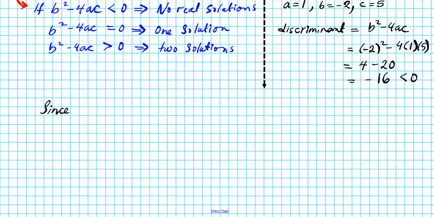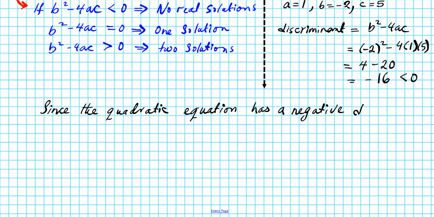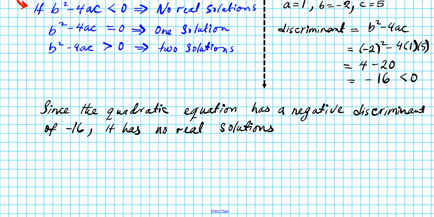Since the quadratic equation has a negative discriminant of negative 16, remember all we care about is the sign, it has no real solutions. All the solutions are imaginary. So that's the justification we're asked to write.